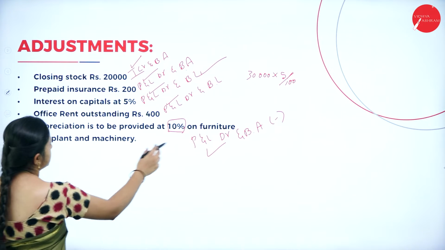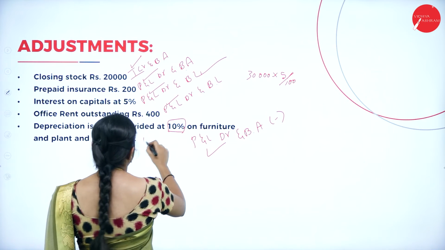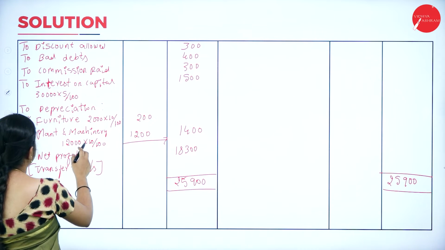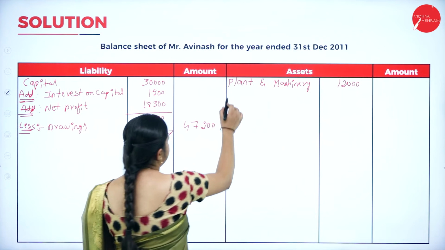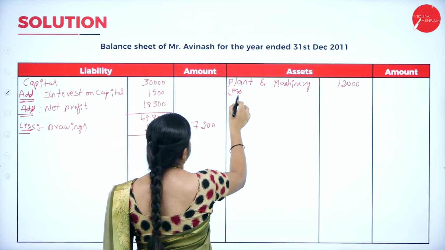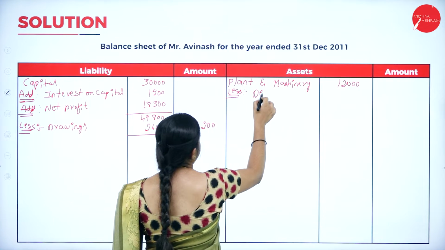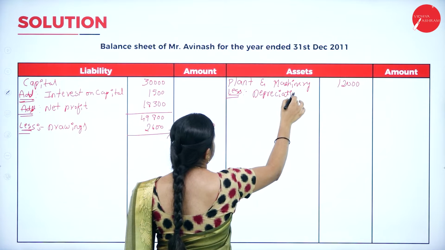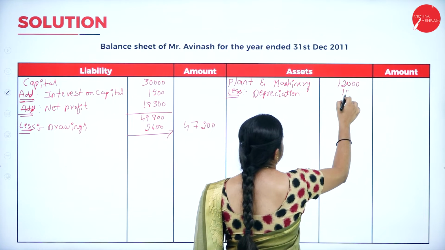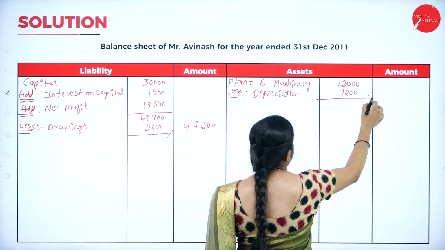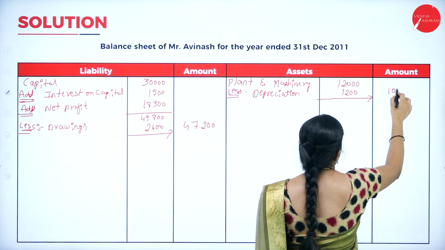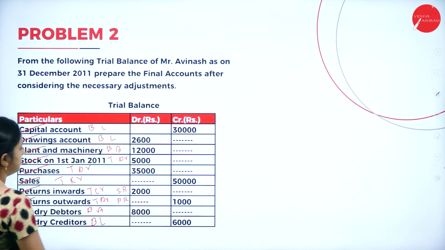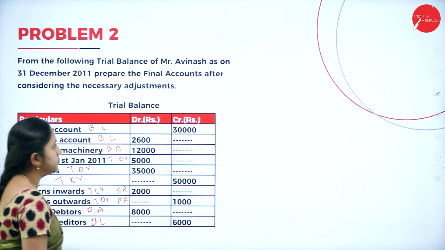Depreciation at 10% on plant and machinery is 1,200. Less depreciation 1,200. Total 10,800. Next, debtors 8,000.